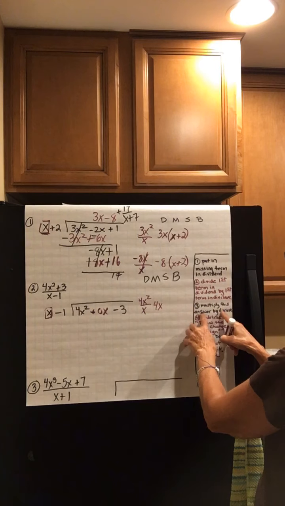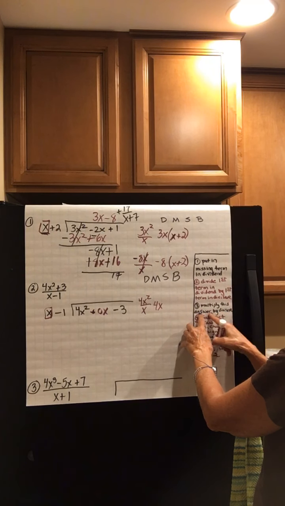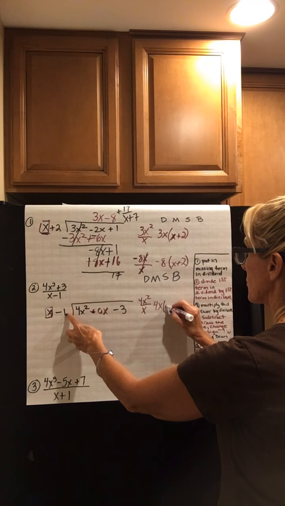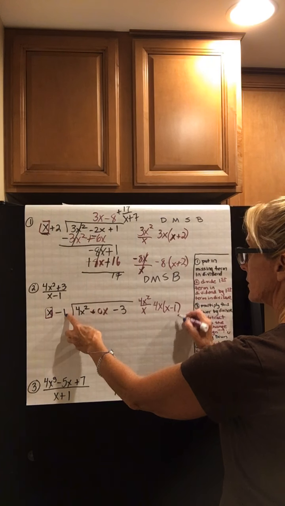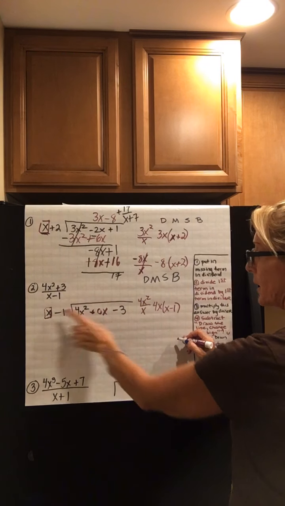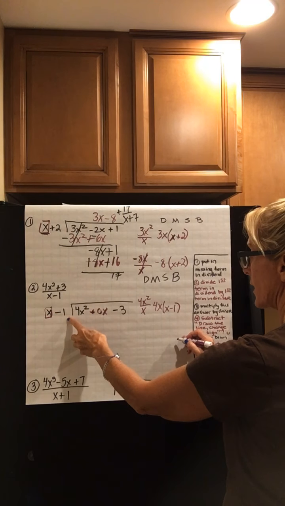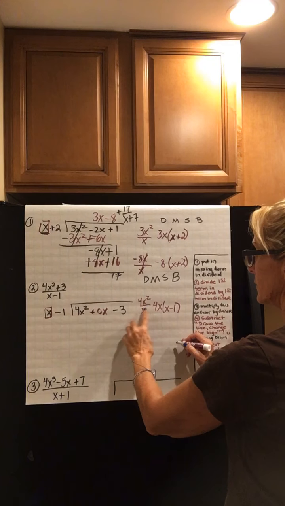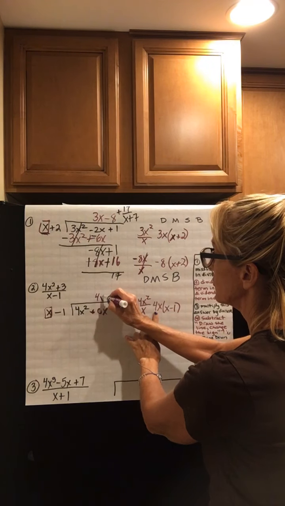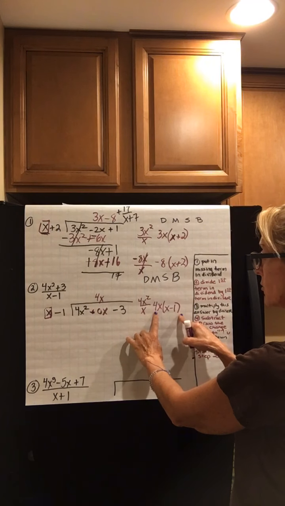And now I'm going to multiply this answer by the divisor. That's my divisor, x minus 1. So what I get when I divide, I'm going to multiply by the whole divisor, x minus 1. I can't forget to put the 4x up here. Now let's go ahead and multiply.